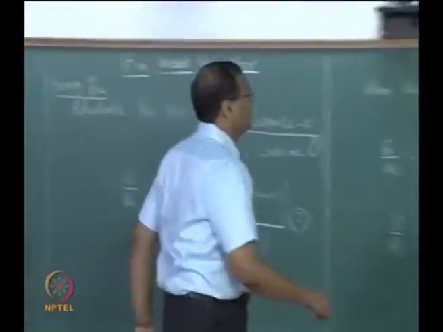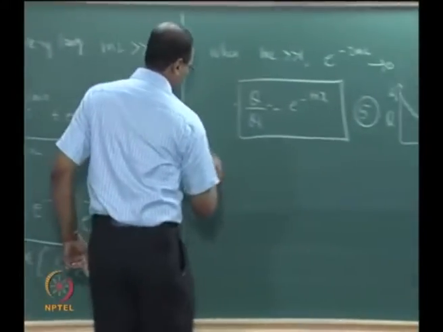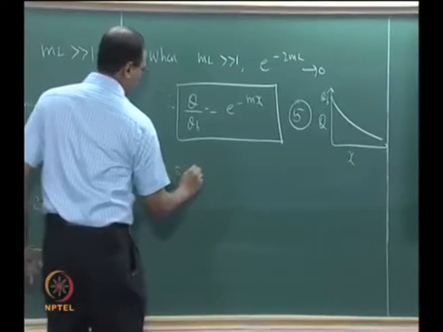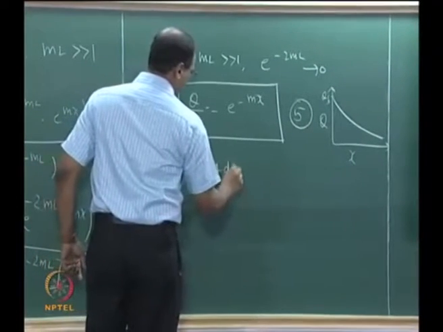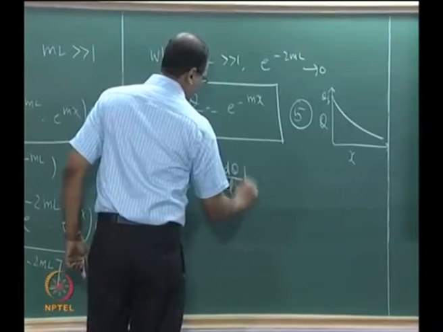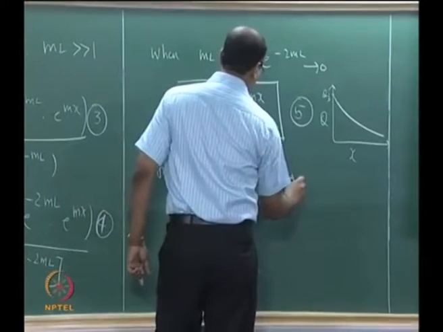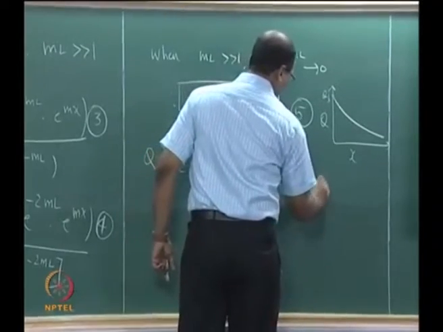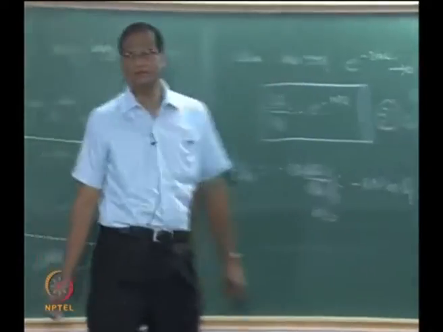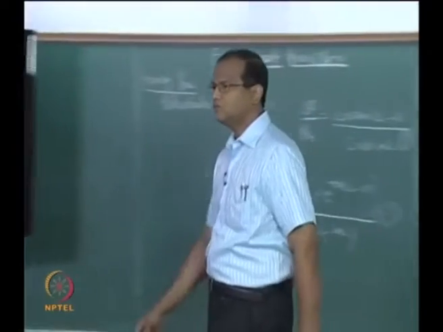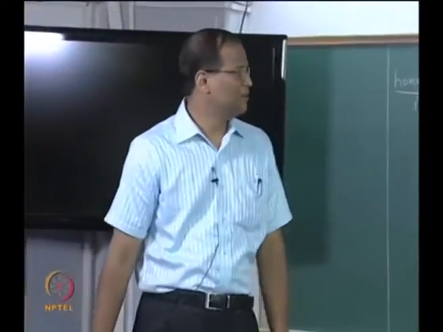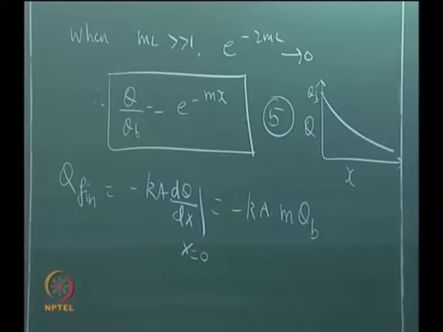Now we can work out the heat transfer rate. Agreed. So for e to the power of minus mx, the derivative is minus m e to the power of minus mx, substitute x equal to 0.